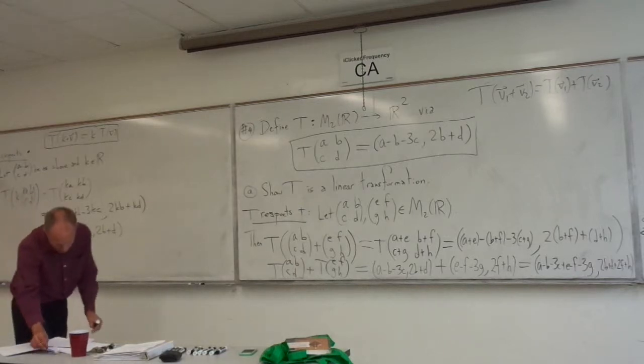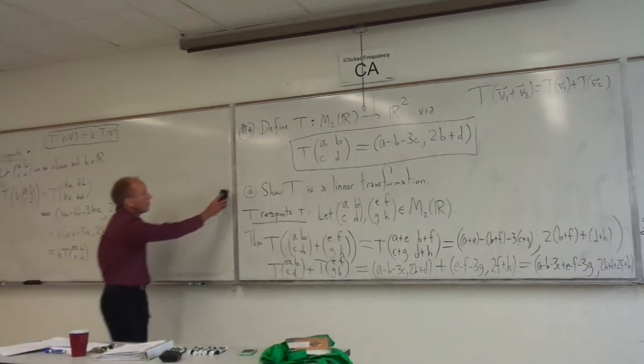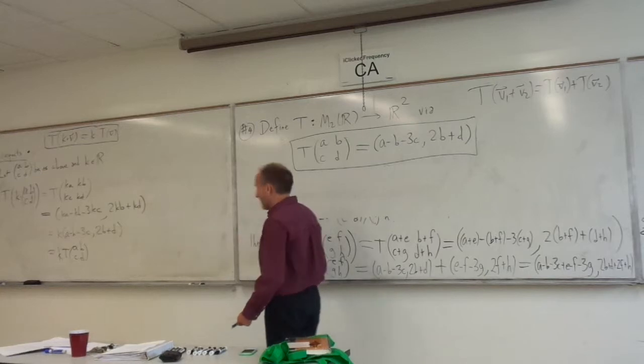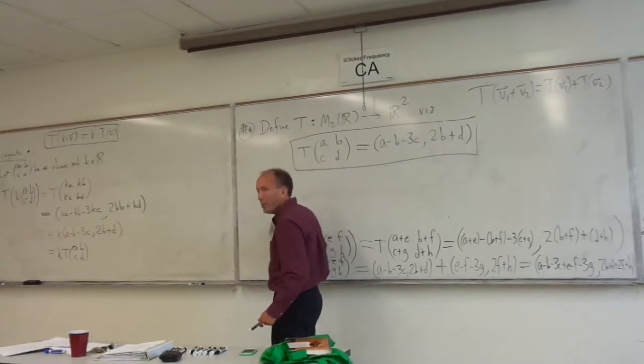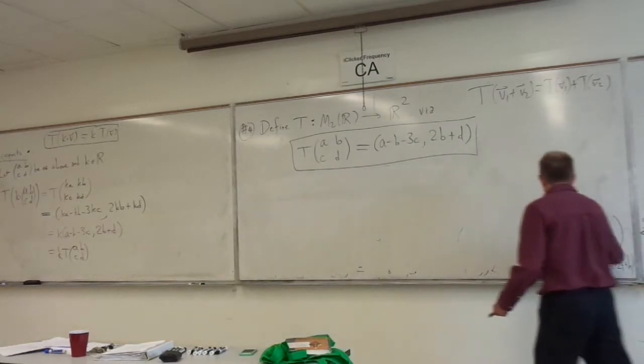Okay. So then the next part, there's a part B here. Go ahead and erase this. Part B is going to be to find a basis for the kernel and the range of the transformation. So we need to remember what that's all about. Kernel and range.